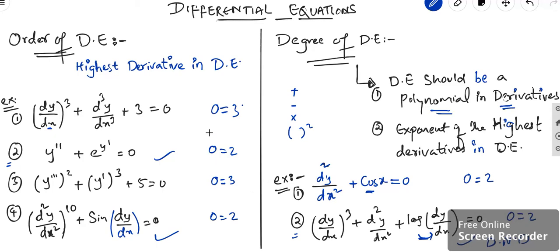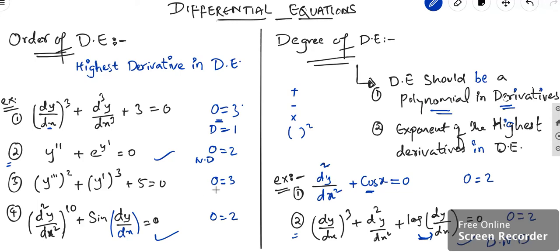Now we shall quickly look at it, and remember these words: polynomial in derivative and highest derivative in the differential equation. Whatever is the highest order, you look at its power, that's the exponent of the highest derivative, so here the degree is 1. Here the order was 2, but I told you the exponential has the derivative, so the degree is not defined.